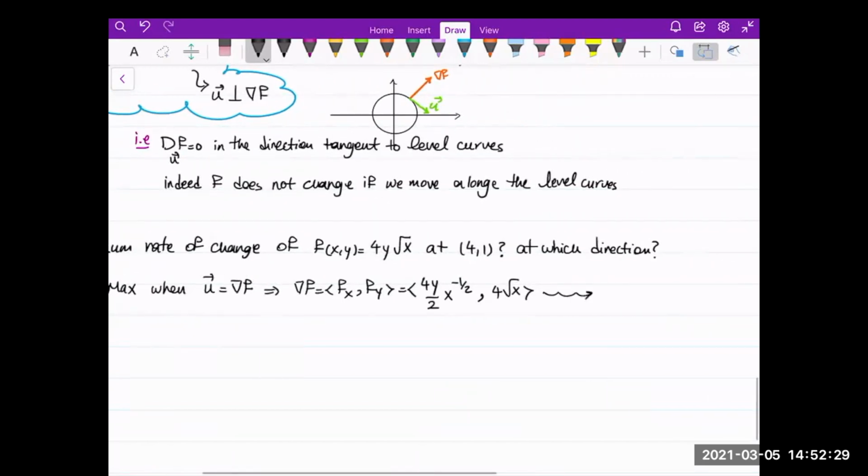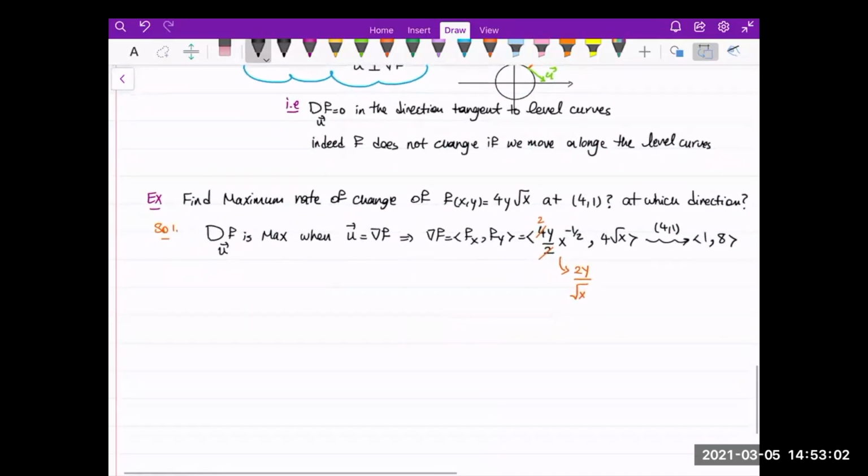Now let me plug in the point (4, 1). Let me write this one with more simplification. So it would be 2y and x with the negative exponent. I don't like the negative exponent, so I'm going to write it like that. Now plug in 4 into here, 1 into here, so it would be 2 over square root of 4, which is 2, which would be 1. Plug in 4 and 1 in here, square root of 4 is 2, so I get 8.